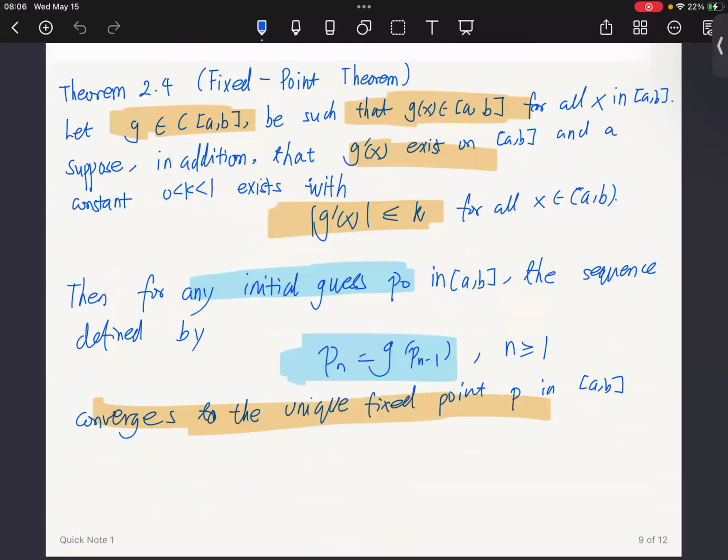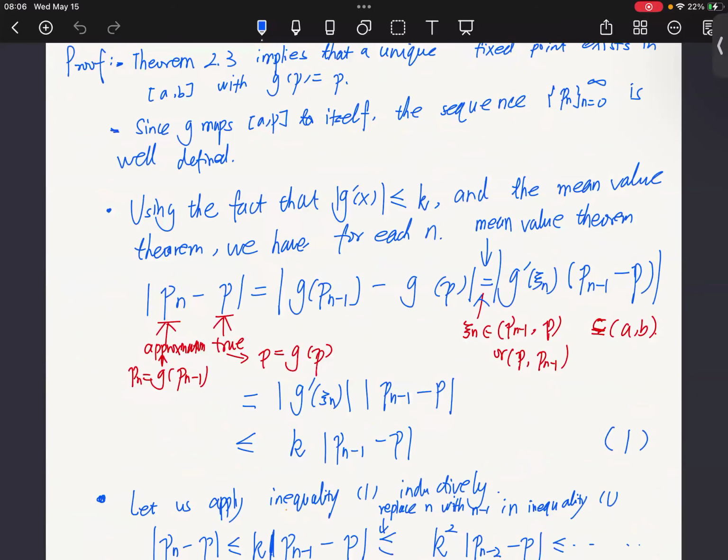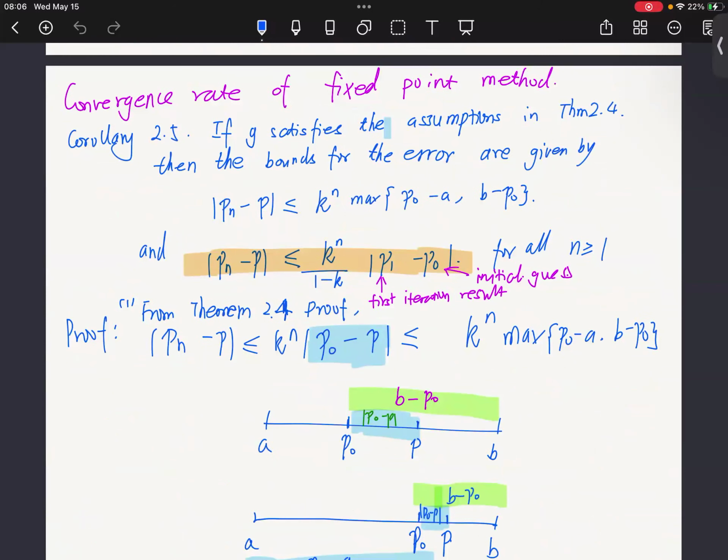We generate this sequence with p_n equals g(p_(n-1)). And with the assumptions on g, this sequence converges to a unique fixed point p. This is theorem 2.4, and I believe I have shown you the proof here. We also went through the corollary, which says something about the convergence rate of the fixed point method.